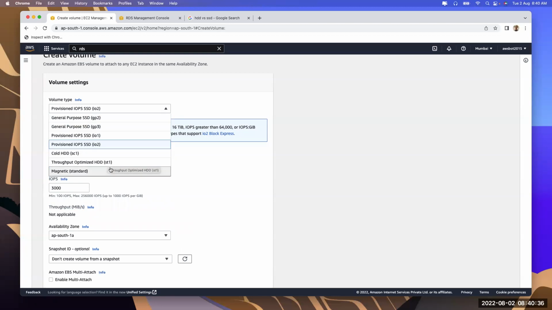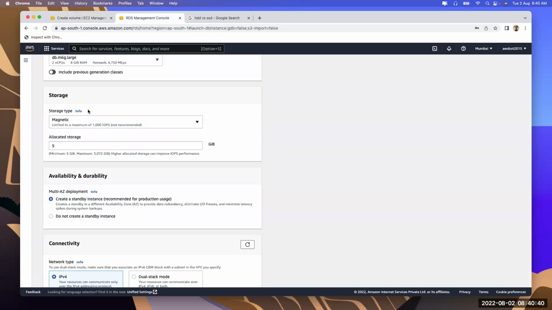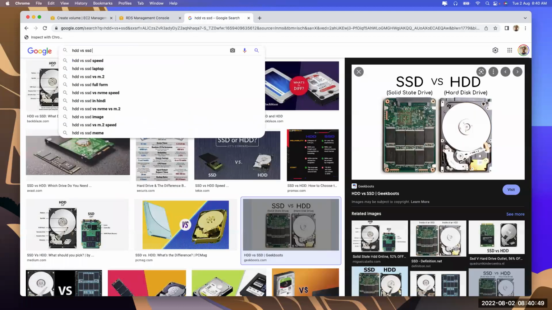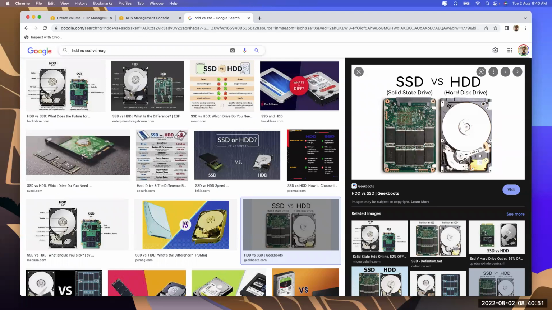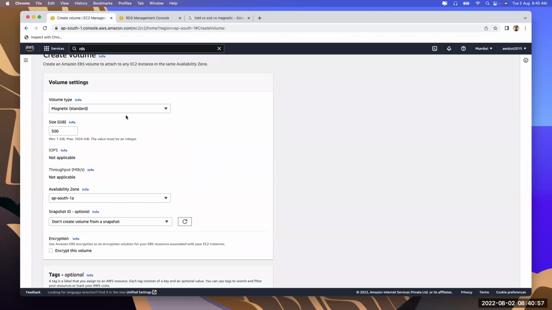Next up, magnetic. Magnetic disk is present here also. It is telling you not recommended because maximum I can give you 1000 IOPS only. So HDD versus this, versus if you go for magnetic, basically. So magnetic ones are even cheaper actually.